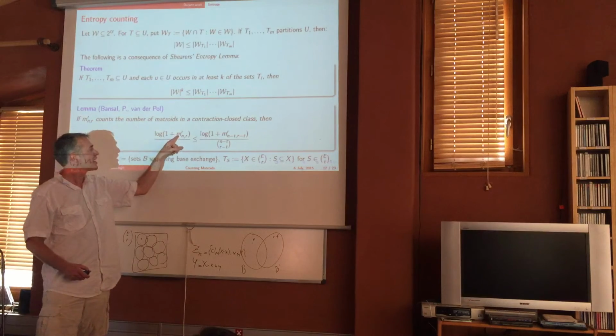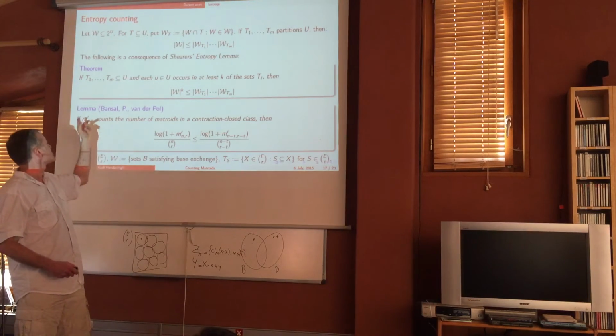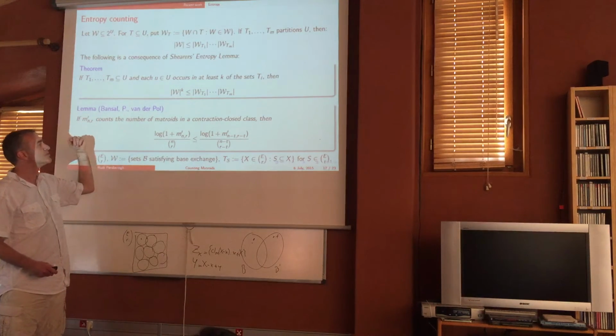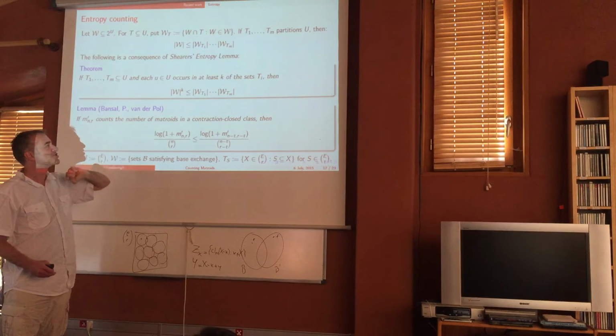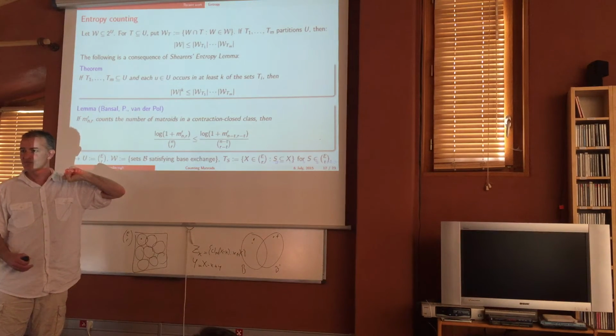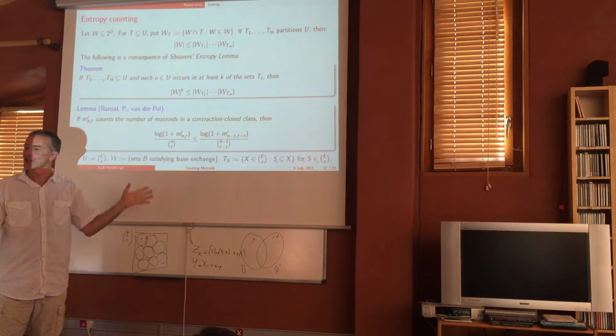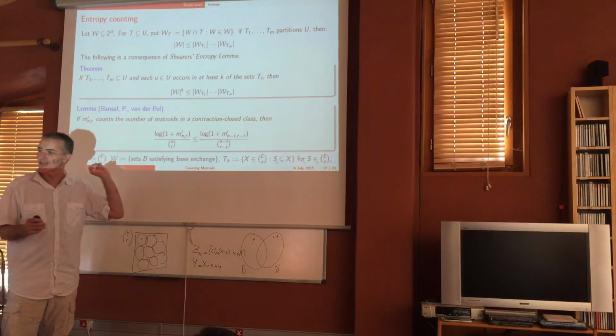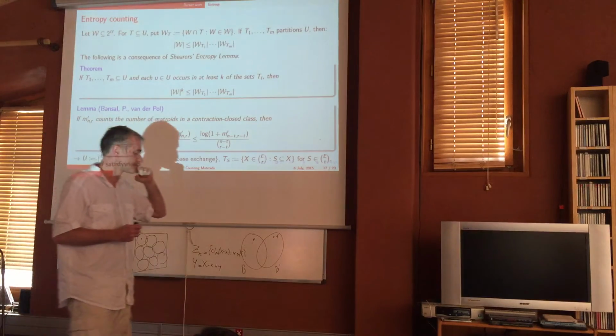And you can see I have an n prime here, because my lemma applies to numbers of matroids in contraction closed classes. Actually, the whole set of matroids is contraction closed, so I can apply it to that later.